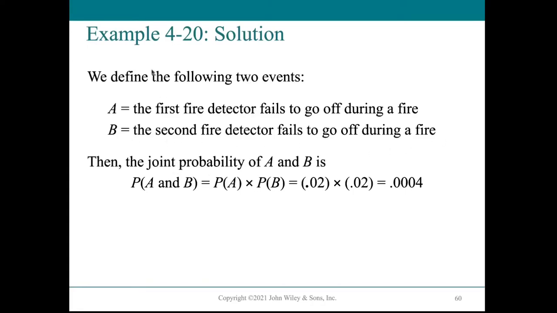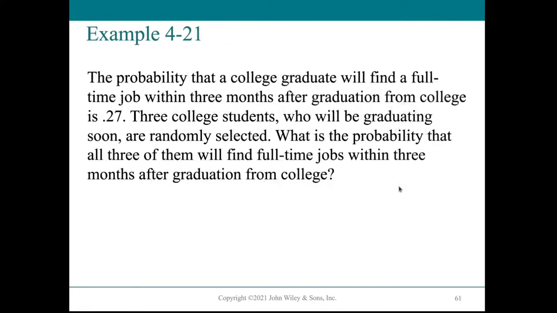So the joint probability, since they are independent events: A failing to go off has nothing to do at all with B failing to go off, and vice versa. So the probability that both fail during a fire at the same time is the probability of A times the probability of B. And this is just 0.02 times 0.02, which is 0.0004. So you have a probability of 0.04% of both of them failing at the same time, which is very, very small.